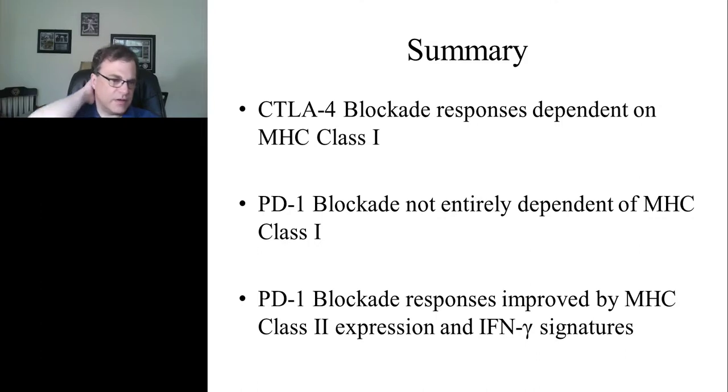So in summary, there's an appearance that CTLA-4 blockade response is dependent on class 1, and that PD-1 blockade is not entirely dependent on class 1. But interestingly, PD-1 blockade responses can be improved by class 2 expression, any class 2 expression, and by the presence of gamma interferon.